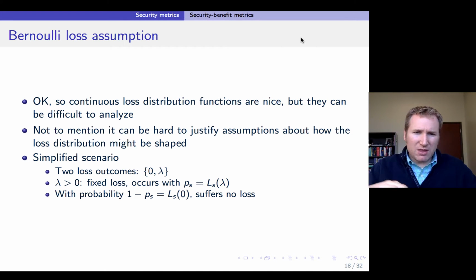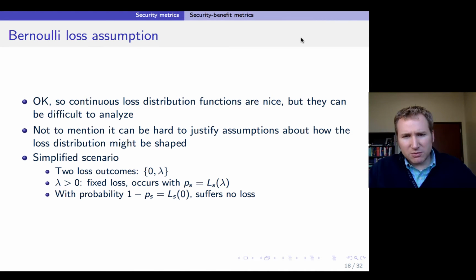Rather than having a range of possible outcomes where you lose at differing levels, you only have two outcomes: 0 and a loss of lambda. If that loss of lambda is greater than 0, it's a fixed loss.